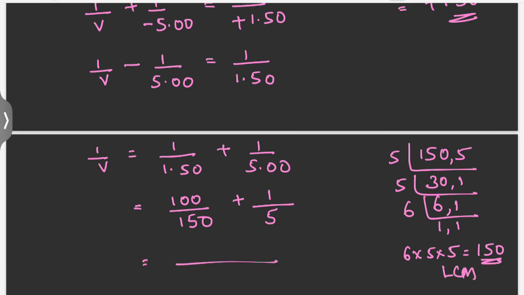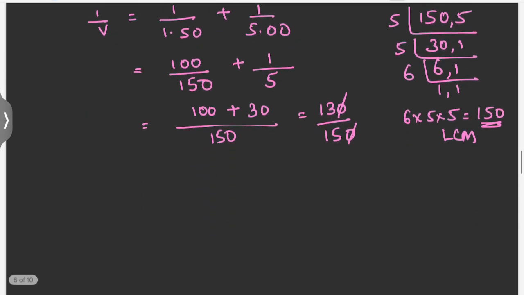In the numerator you will get 100 plus 30. So this is equal to 130 divided by 150. 10 and 10 you can cancel. Then you will get 13 divided by 15.